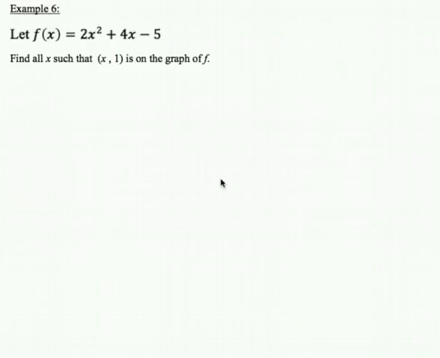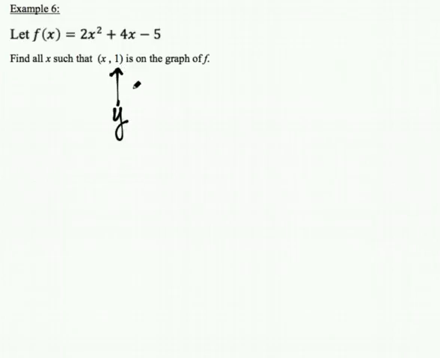Example 6, let f of x equal 2x squared plus 4x minus 5. We want to find all x values such that the ordered pair x comma 1 is on the graph of f. So first we've got to understand what this is talking about. They're saying the y value is 1.